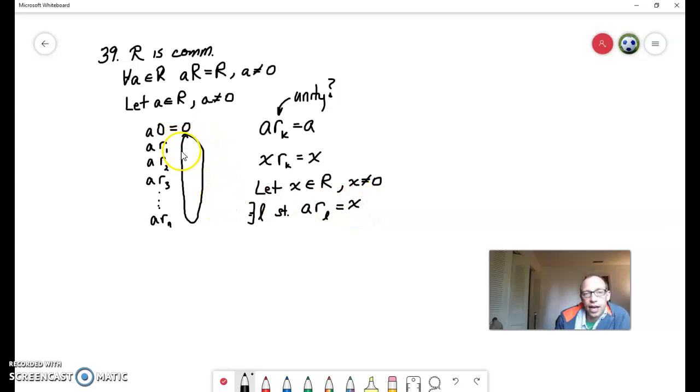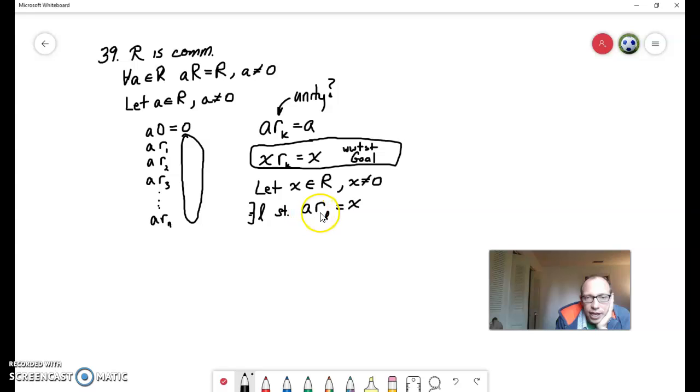All we're saying there is x is showing up somewhere here. This arbitrary x that we've chosen in the ring has to show up here somewhere. So we have A R sub L equals x. Just to be clear, we don't know this is true yet. This is our goal here. If we can get this, then we know for sure that RK is the unity.